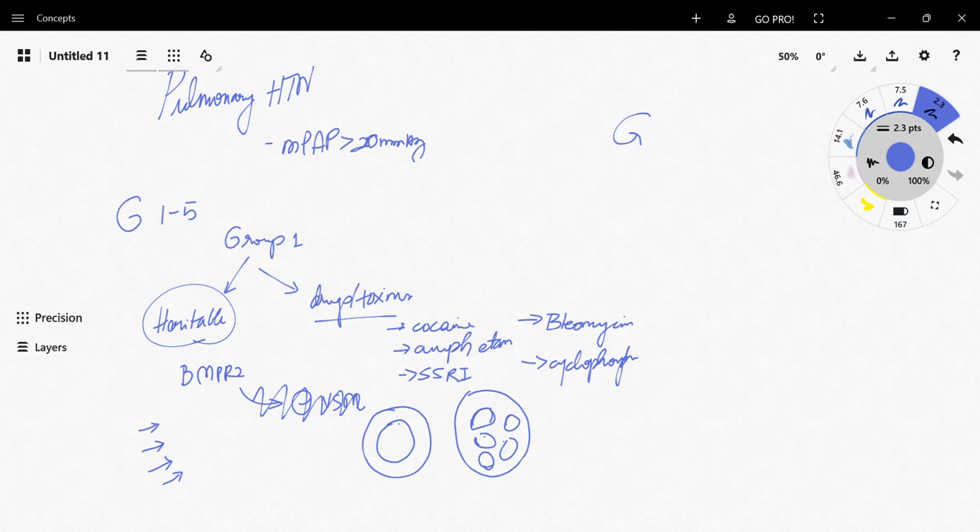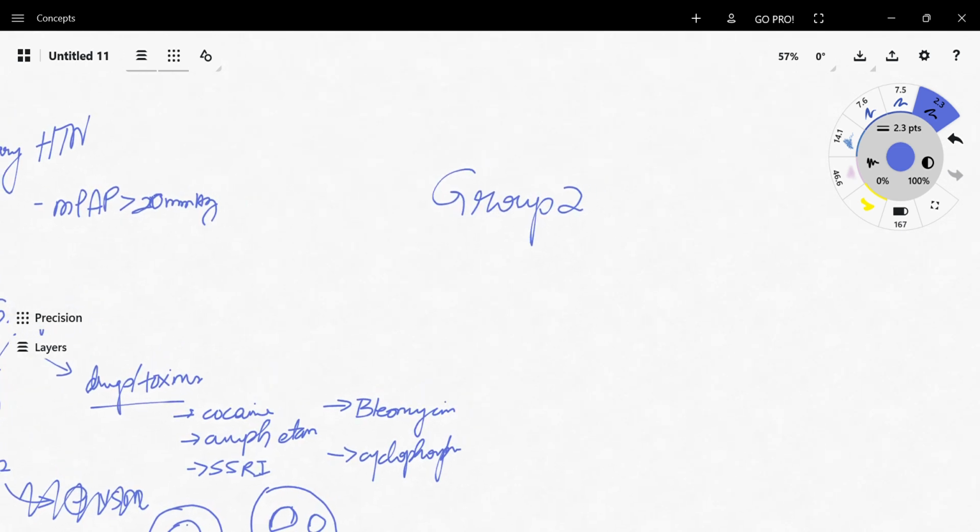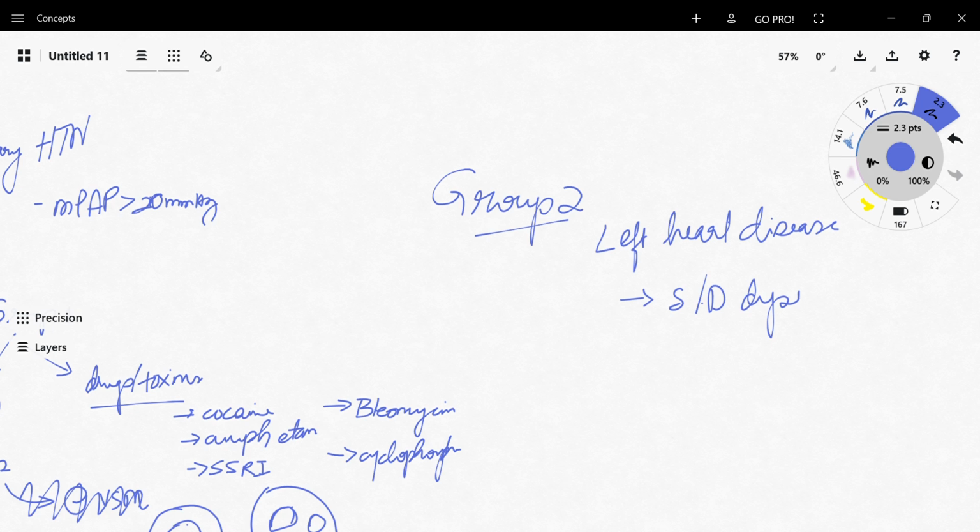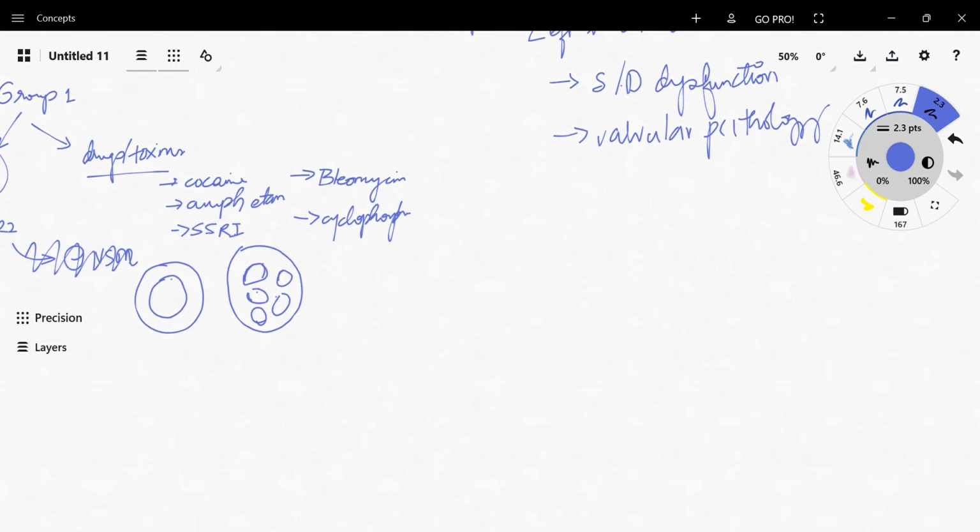Now group 2 is when pulmonary hypertension happens because of left heart disease. Okay, and this can be either systolic or diastolic dysfunction, right? Dysfunction, or valvular pathology in the left heart, right?